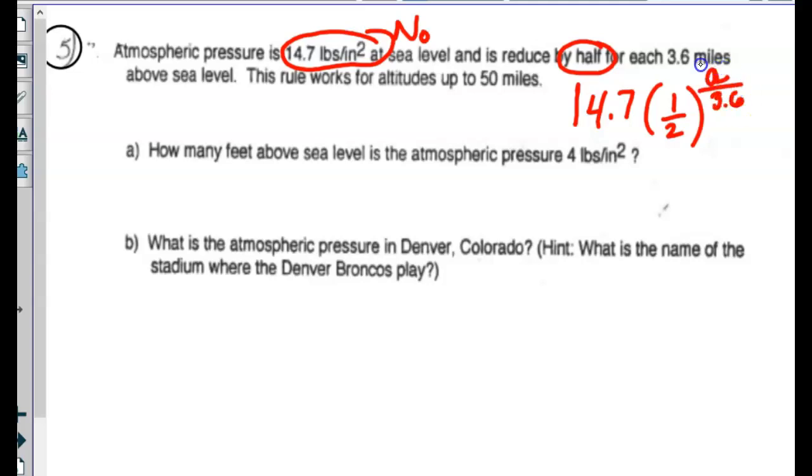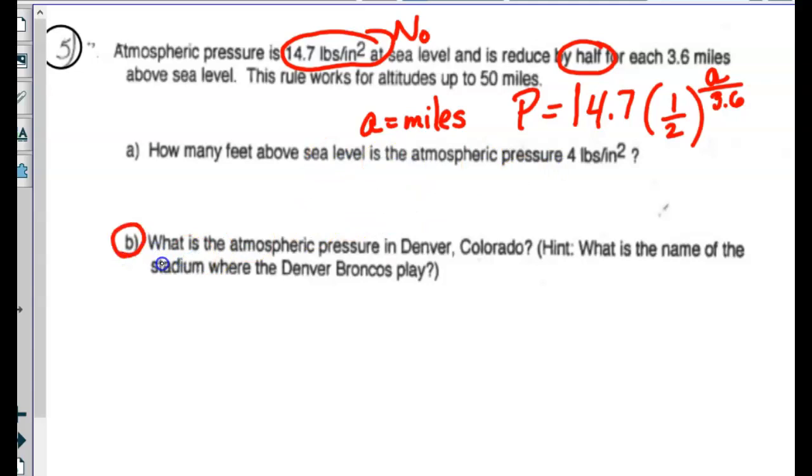But what is our altitude supposed to be in for units according to this formula? That's what the pressure comes out to be. But right now, the altitude is in miles, right? Because it says this rule works for altitude up to 50 miles. So it says how many feet above sea level is the atmospheric, okay, just start with B.